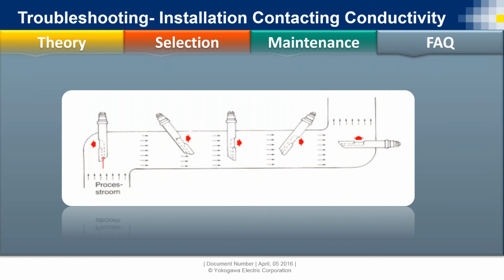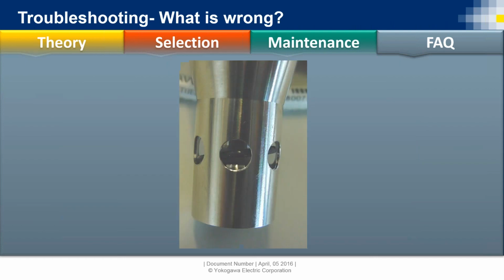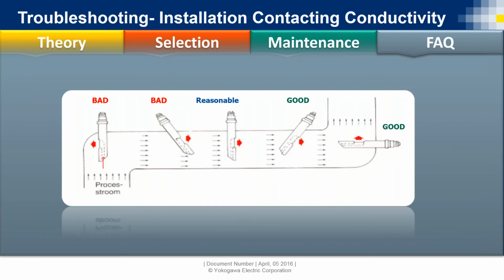Same thing with those contacting styles. This is just to show you one style of flow fitting sensor. Some of them have holes in the bottom and then an outlet on the arm. Some of them look like this, where they have holes through the bottom of it.